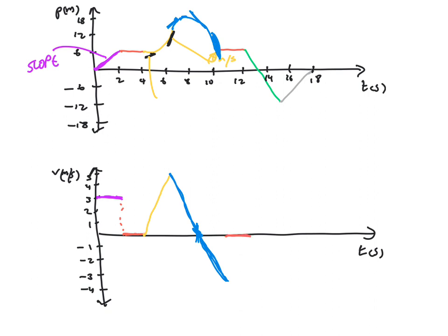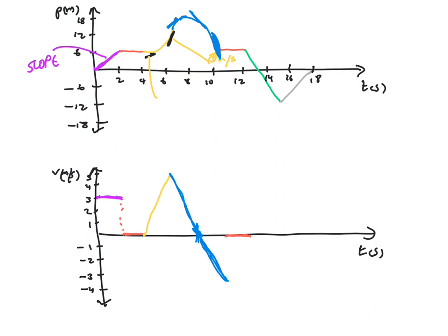And then what's happening in this green section? Just take a minute to think about it. So in the green section, we've got a green line, and we've got a position which is moving steadily with a steady velocity between 12 and 15 seconds.